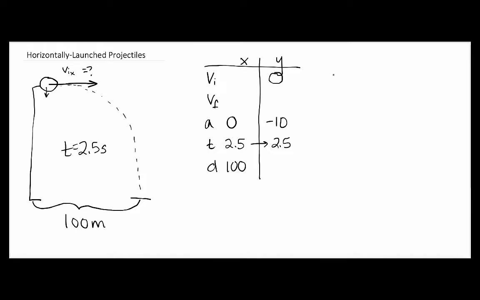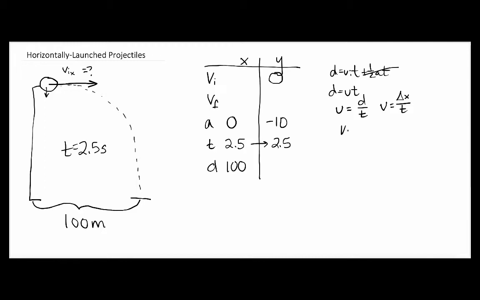If you start with your initial equation, d is equal to VIT plus 1/2 AT squared. Remember, when acceleration is 0, this goes away, and that just leaves you with d is equal to VT, which rearranges to velocity is equal to displacement divided by time, which is the constant velocity equation that we started out the year with, just with a d written instead of delta x.